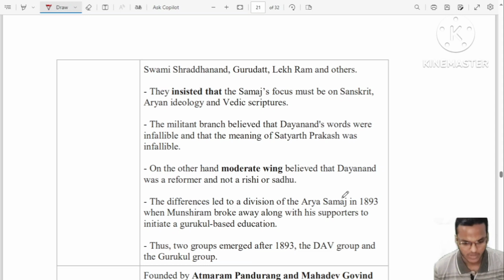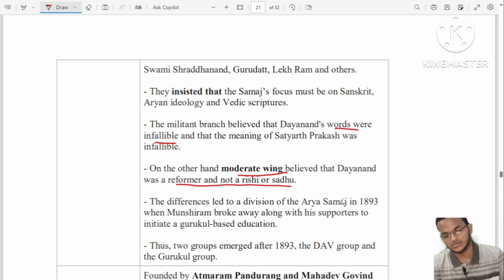So the two wings: the militant branch, the extremist branch of the Arya Samaj, thought Dayananda's words were infallible and that the meaning of Satyarth Prakash was infallible. On the other hand, the moderate wing believed that he was a reformer and not a rishi or sadhu.